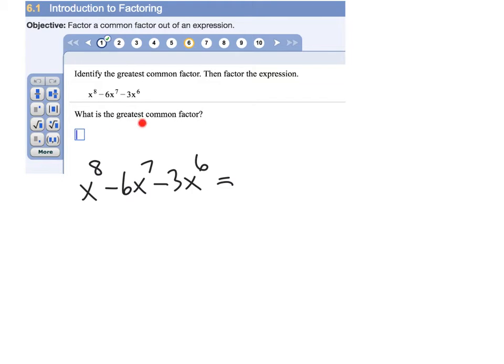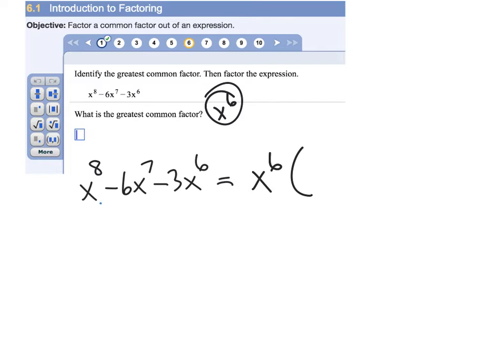So technically, it's a 1 that is in common. So we're not going to do that. That's trivial. So let's look at the variables, and we see that this has x to the 6th, and this has x to the 7th, so that's 1 extra. And this has x to the 8th, so it's 2 extras compared to that x to the 6th. So the greatest common factor is x to the 6th power.